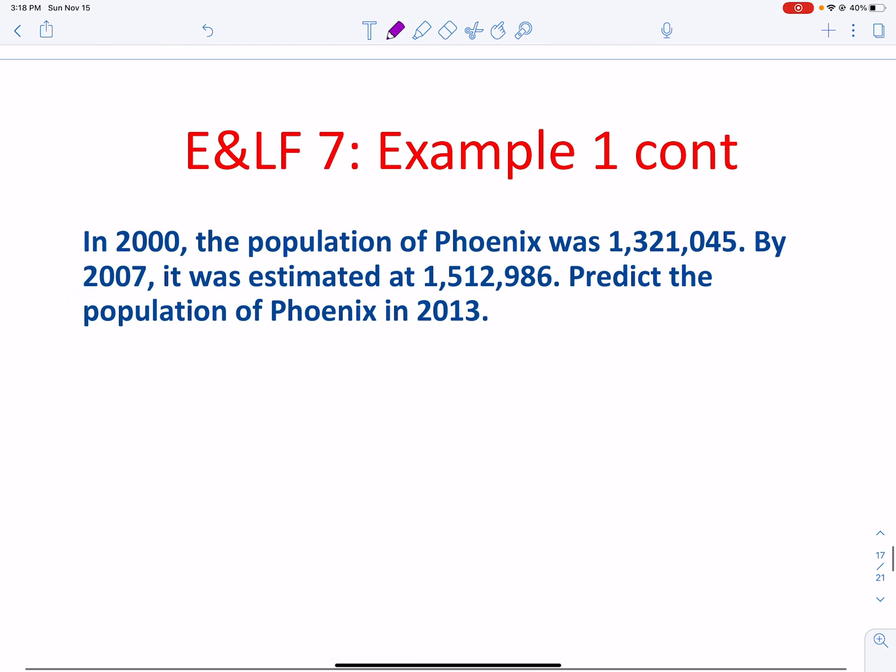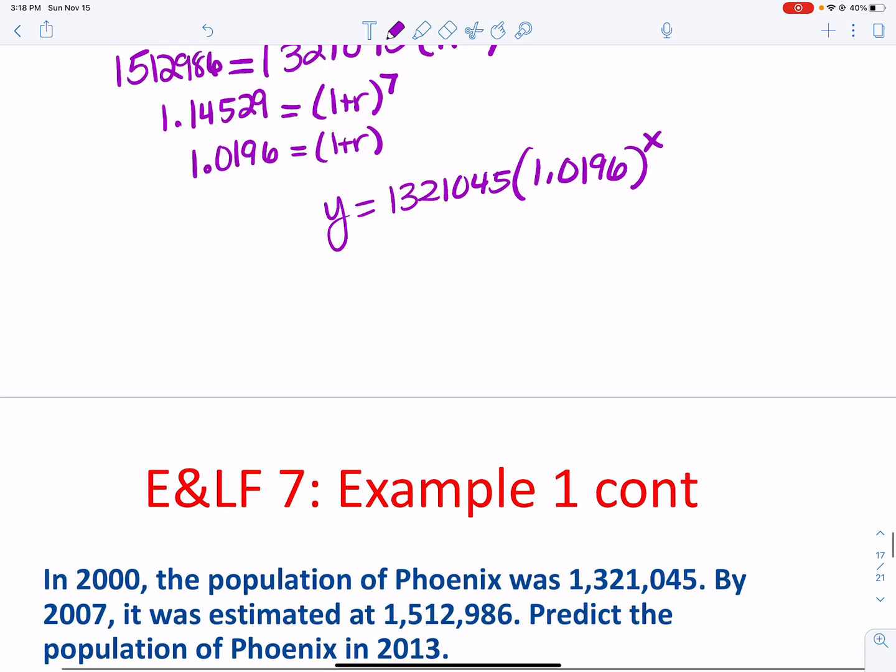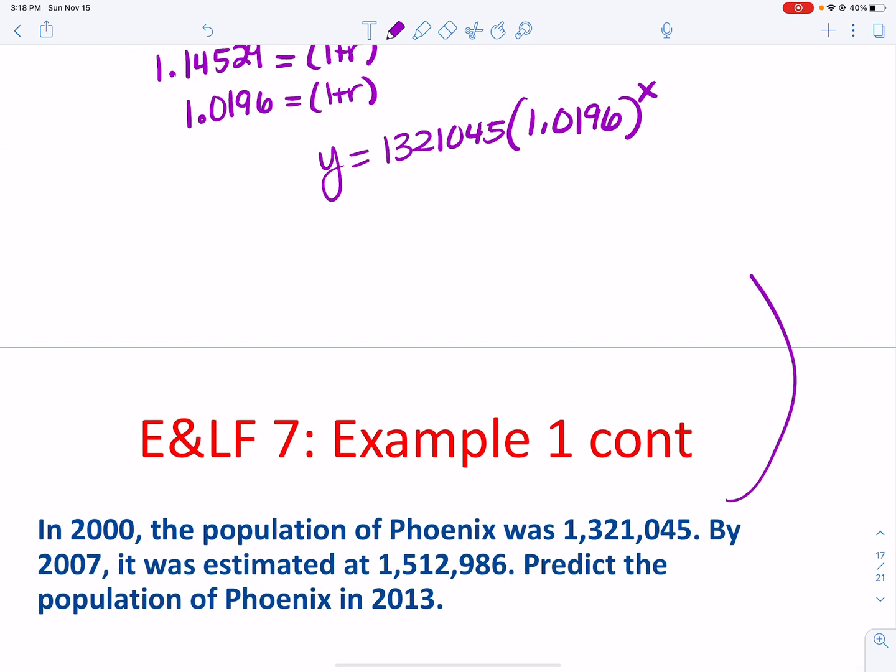Now, example 1 continued. Predict the population in 2013. So if I come back up to my equation, and this is what's going to happen on your homework, it's going to ask you to just keep using the same problem. So it wants 2013. So I'm basically going to just plug 13 into that equation. 1.0196 to the 13th.